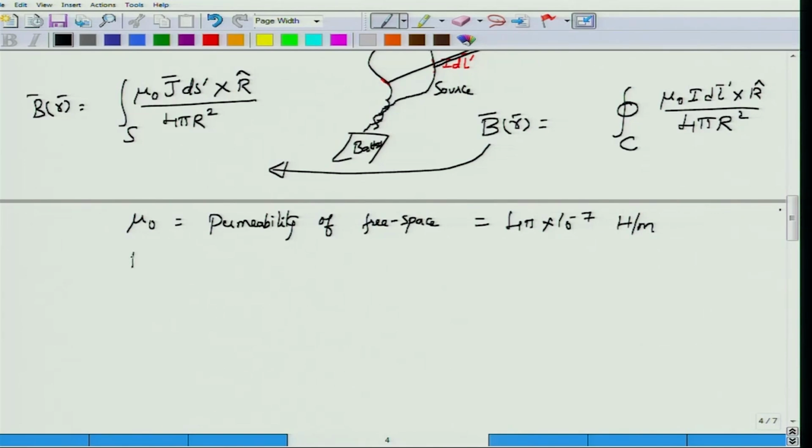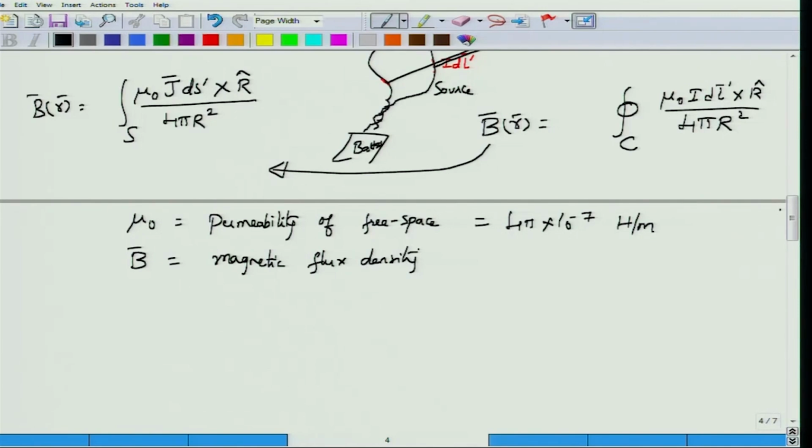What about the vector B itself? Here is where things get a little interesting, because this vector B is called magnetic field in most physics textbooks, and most physicists call this magnetic field, and for short we would also be calling it magnetic field B itself, okay. In engineering literature this is called magnetic induction or magnetic flux density.